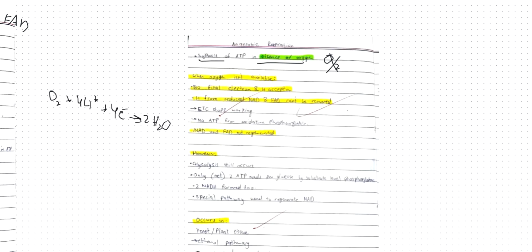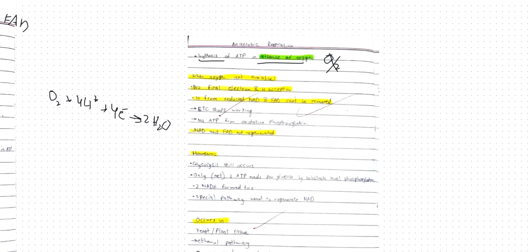But since you don't have oxygen, there would be no final electron and hydrogen acceptor. So the hydrogen from reduced NAD and FAD cannot be removed.